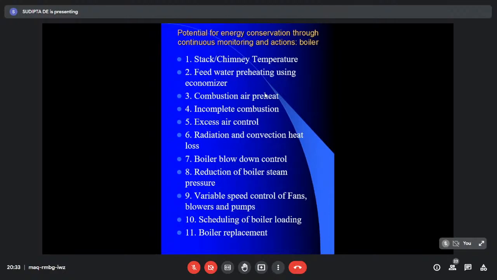IT means information technology. IT enabled process with real-time data capture and background analysis.